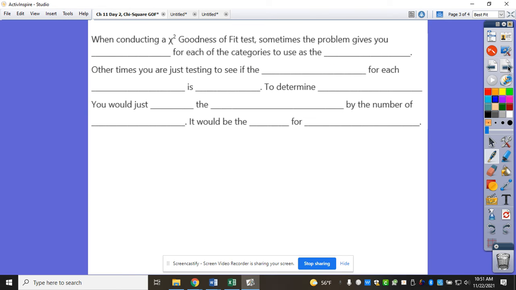So when conducting a chi-square goodness of fit test, sometimes the problem actually gives you percentages for each of the different categories to use as our claimed value, or null hypothesis.